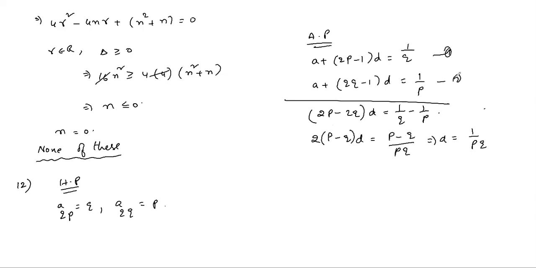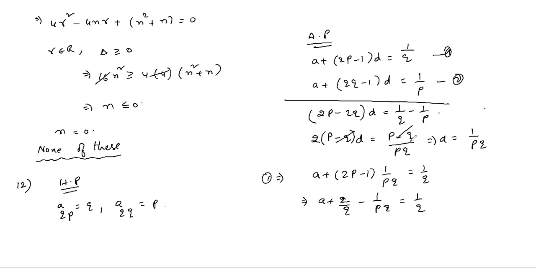From any one equation, say one, a plus (2q minus 1) into 1 by pq equals 1 by p. So a equals 2q by pq, that is 2 by p, minus 1 by pq... the 2s will cancel, so we will get a as 1 by pq.